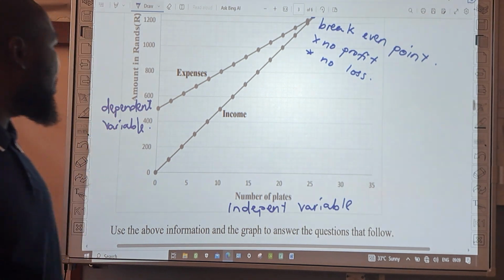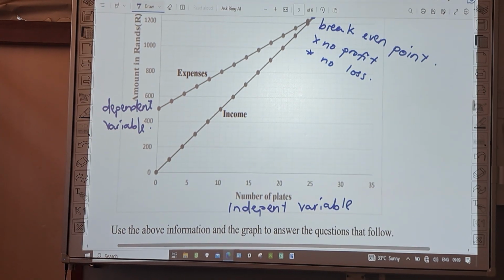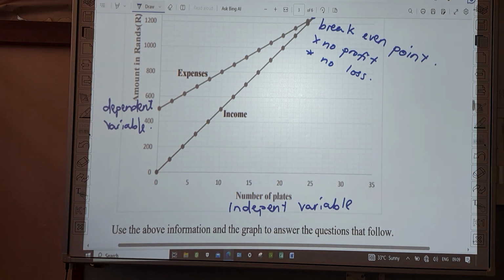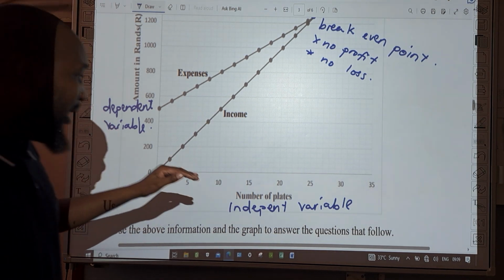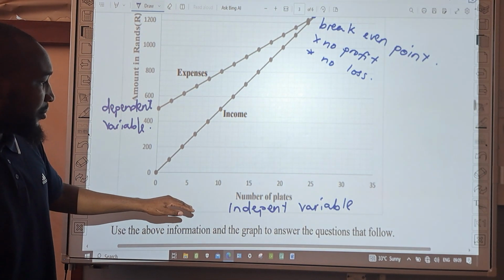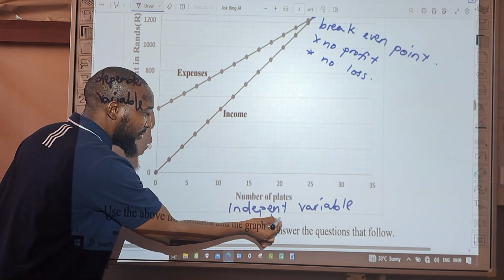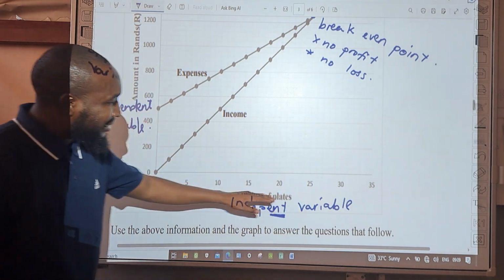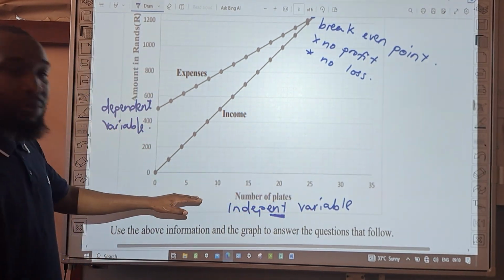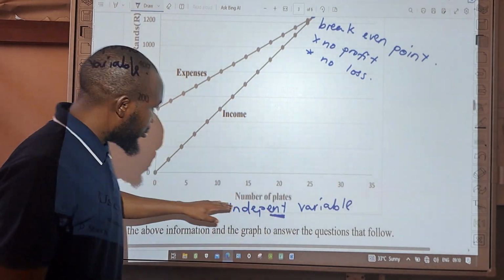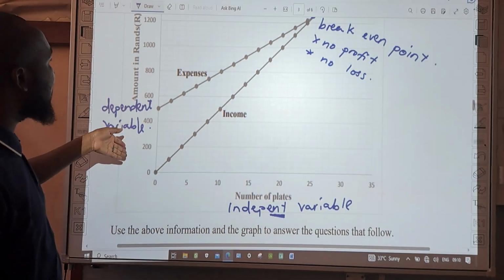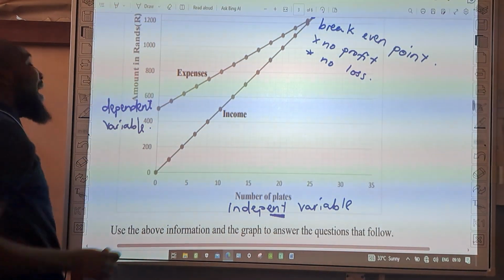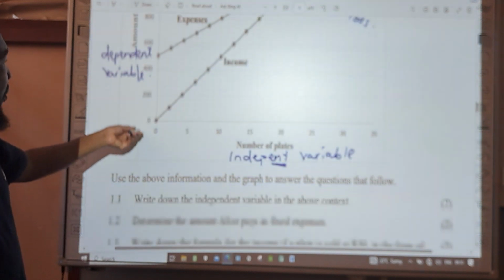The mathematics kids would quietly and quickly understand this. So, understand this. Your independent variable, please forgive my spelling there. Your independent variable will always be on the x-axis or at the bottom here, then the dependent is going to be on your y-axis. Let's move on.